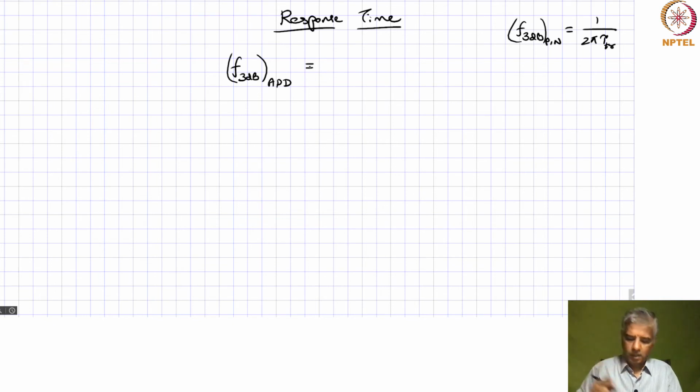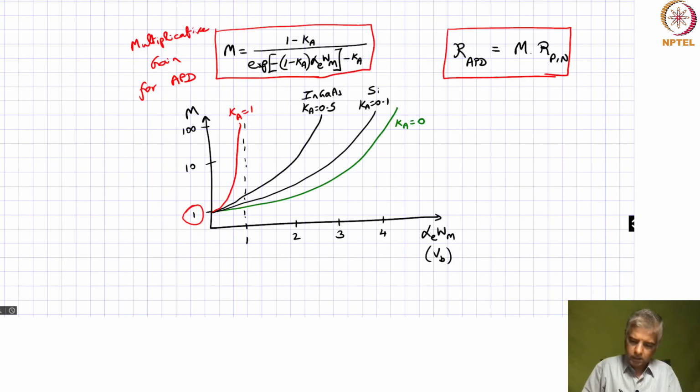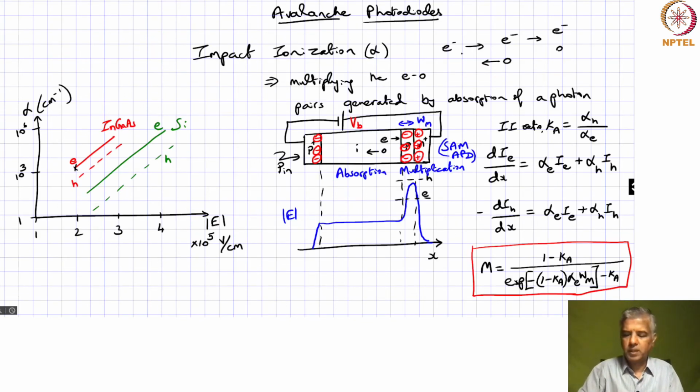If we go back and look at this picture over here, this is actually a sequential picture by which we are getting gain, from here to here, and then after this has happened, then this happens, and then from here you might have even more electron hole pairs generated.